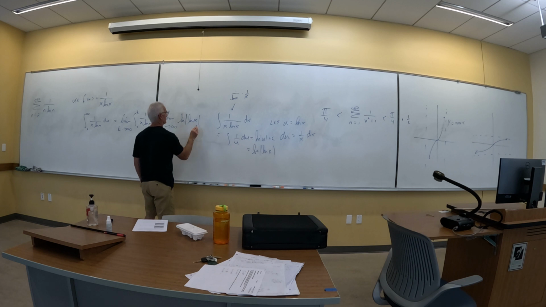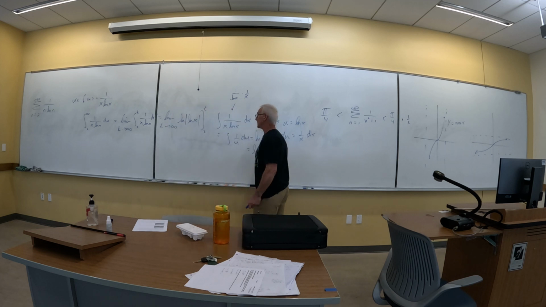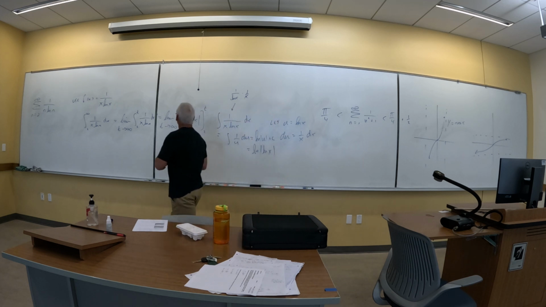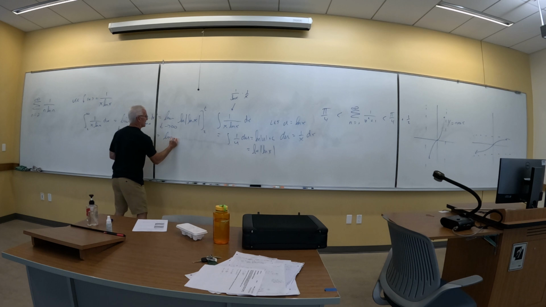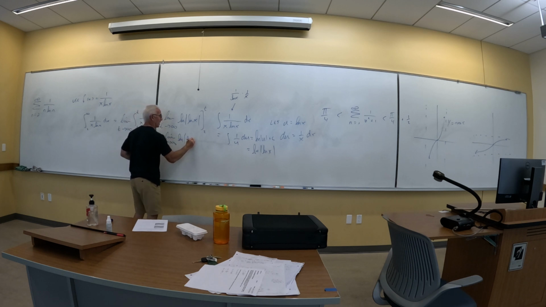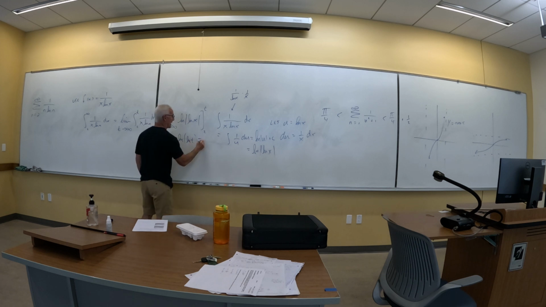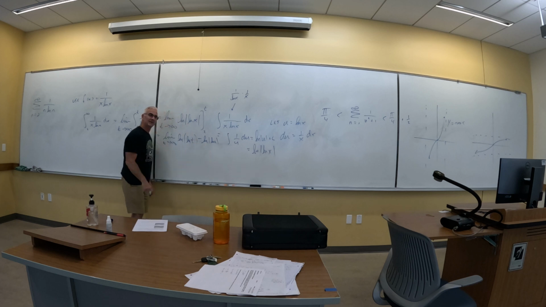Yeah, so I need to do this. Okay. And then 2 to t. This is kind of a goofy looking one, but it is correct. So now I have the limit as t goes to infinity of the log of t, which is growing, minus the log of 2, which is finite.